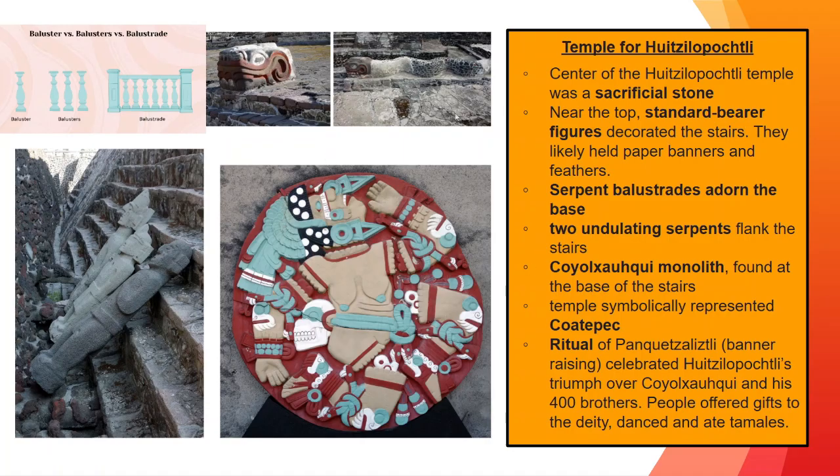At the base of the temple, we have two undulating serpent balustrades. A balustrade is these railings that you see in houses. A baluster is one of the pillars, and then when you put them all together, it's a balustrade, like an arcade or a colonnade. Same kind of idea. Here we're using serpents, though.